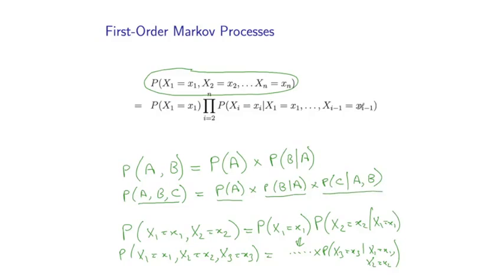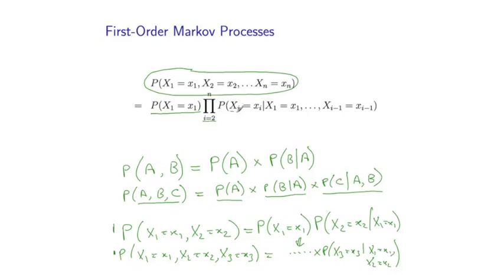So what I've written here is simply this chain rule applied to the full sequence of random variables X1 through Xn. It's really a generalization of these two cases I've shown you here for arbitrary n. The first term is P of X1 equals x1, and then I have a product of terms, one for each position from i equals 2 to n.